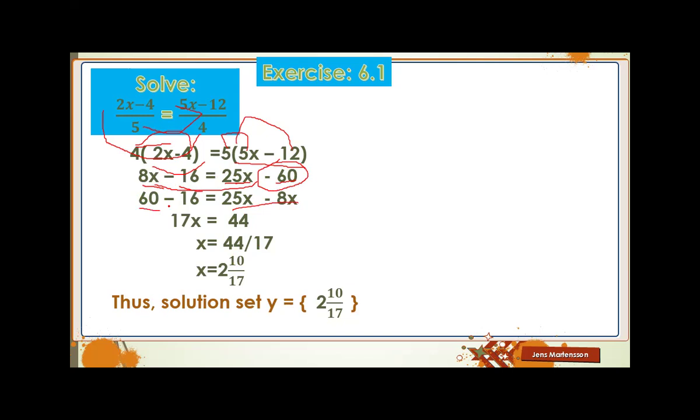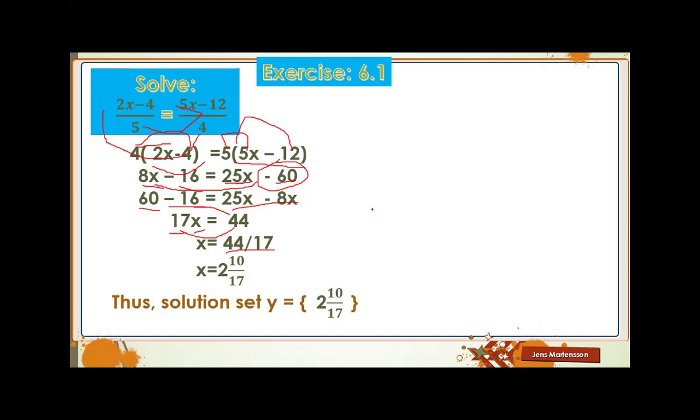We get plus 60 minus 16. 60 minus 16 gives you 44. 25 minus 8 gives you 17x. Now, x is multiplying with 17. We only want to find the value of x. So this 17 is going to be divided over here and we get 44 over 17.